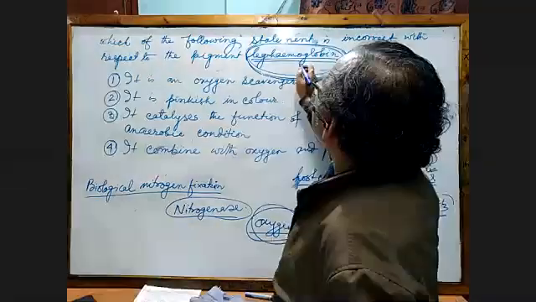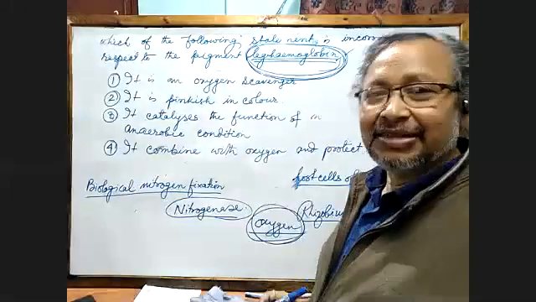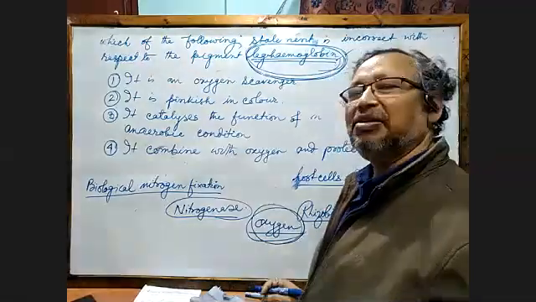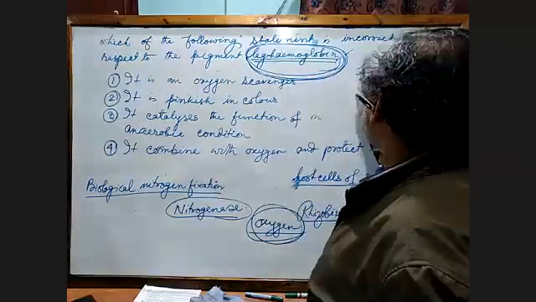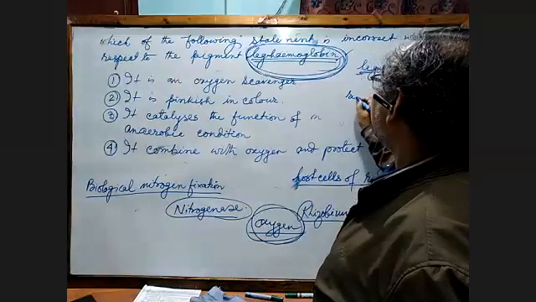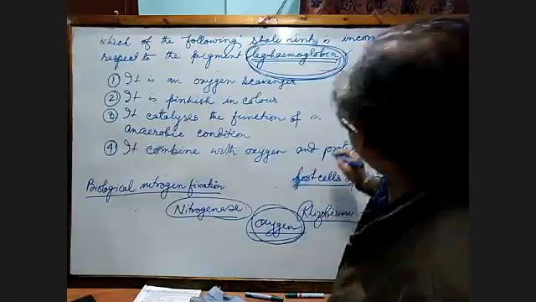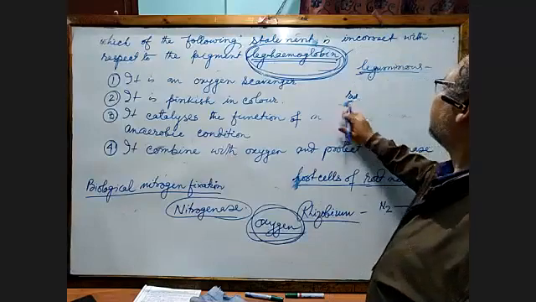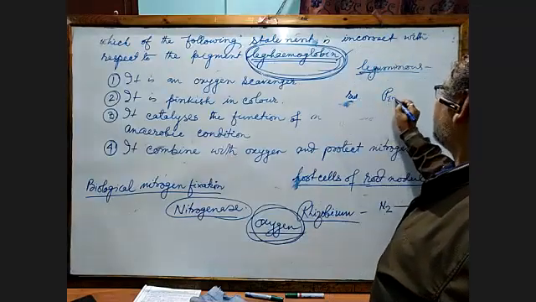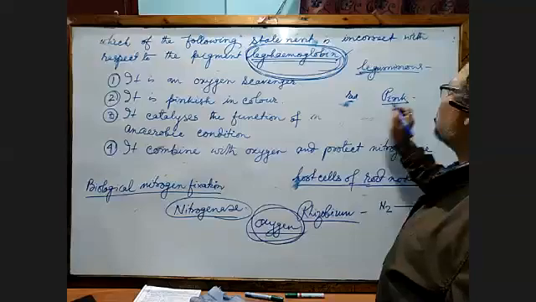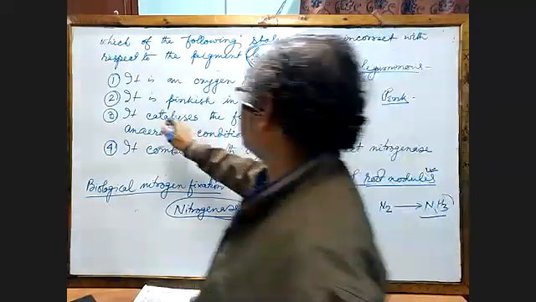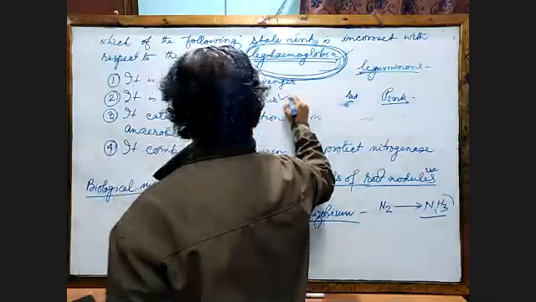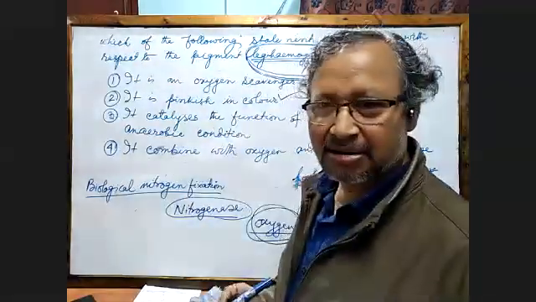This leguminous hemoglobin is like normal hemoglobin, slightly red in color, but not exactly red. It is pink. Leg hemoglobin is pinkish in color. This one is correct.